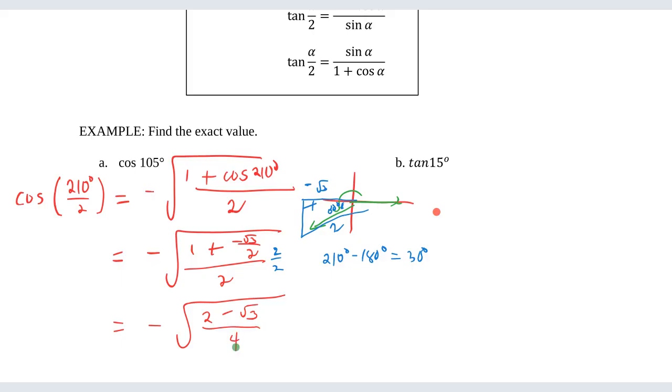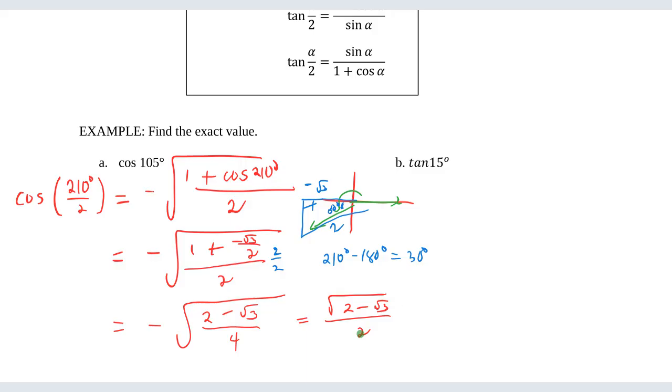So with this, we now have radical 2 minus radical 3 over 2. All right, so there you go. This would now be our answer, which is radical 2 minus radical 3 all over 2.